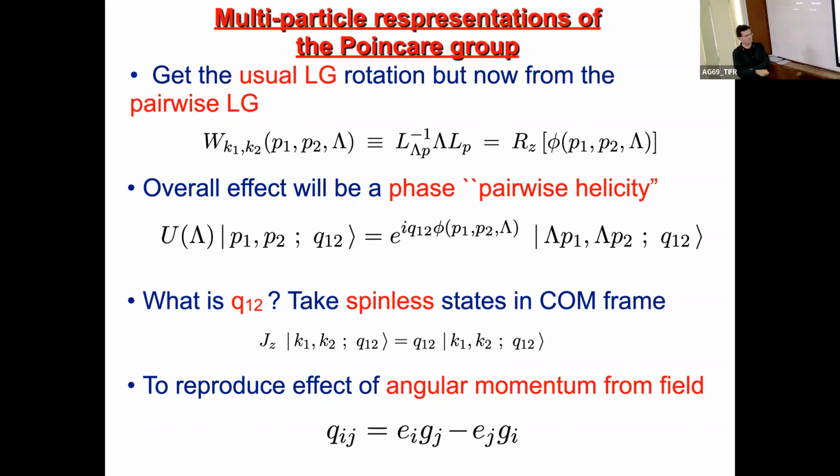Okay. So, in particular, what we are saying is that if I'm now trying to identify these two particles as an electrically and a magnetically charged particle, then I should identify my choice for the pairwise helicity with this product of the electric and magnetic charges, the charge and the monopole.